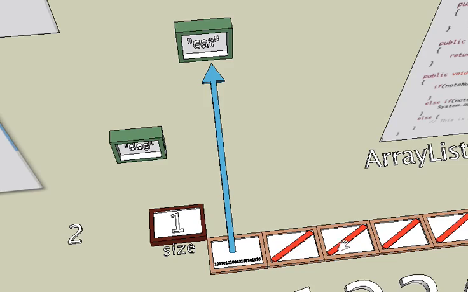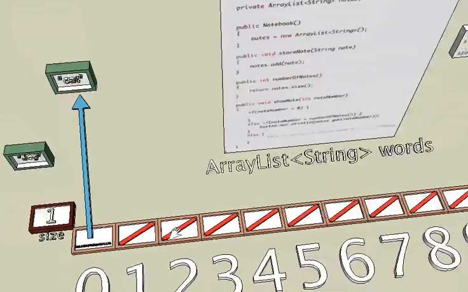What are these orange bars about? Well, it's sort of a convention that an empty array list position, if you're representing it graphically, is drawn with a diagonal slash across it.